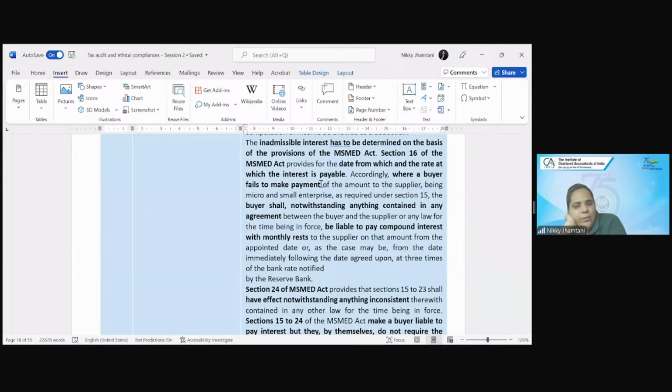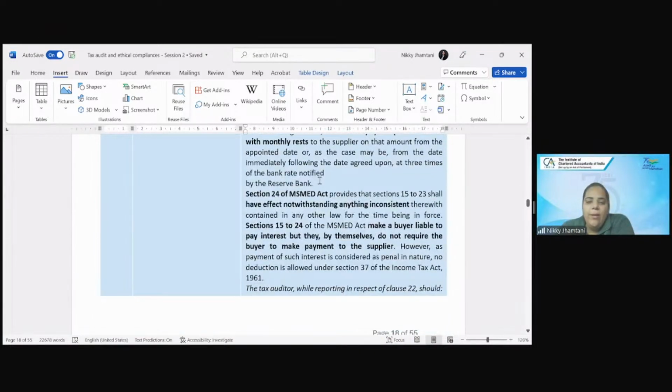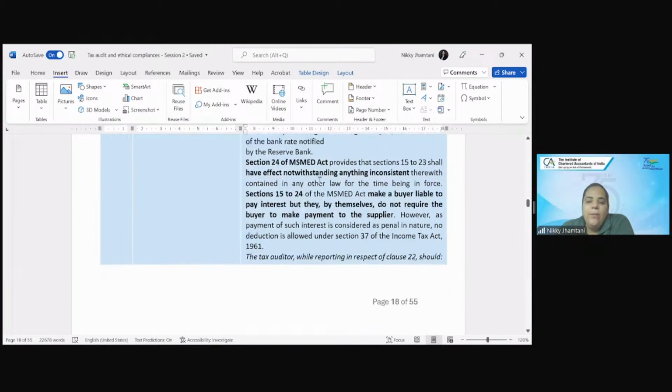Accordingly, where a buyer fails to make payment of the amount to the supplier, being a micro and small enterprise, as required under Section 15, the buyer shall, notwithstanding anything contained in any agreement between the buyer and the supplier, be liable to pay compound interest with monthly rests to the supplier on that amount from the appointed date or, as the case may be, from the date immediately following the date agreed upon, at three times the bank rate notified by the RBI. Section 24 of such act provides that sections 15 to 23 shall have effect notwithstanding anything inconsistent therewith contained in any other law for the time being in force.